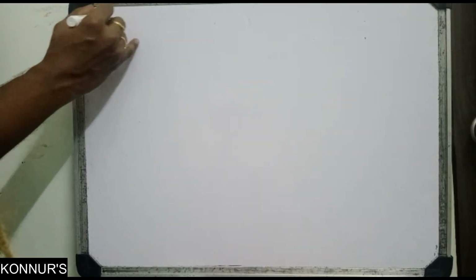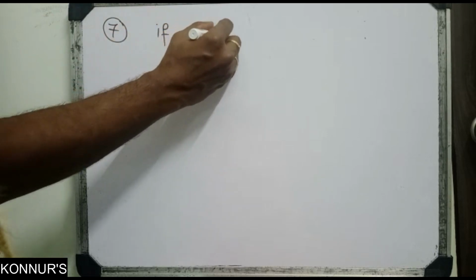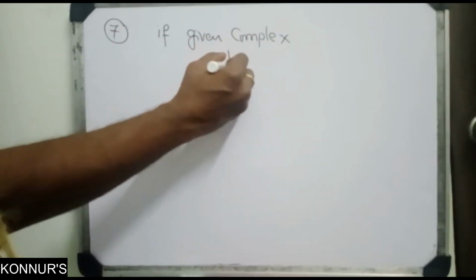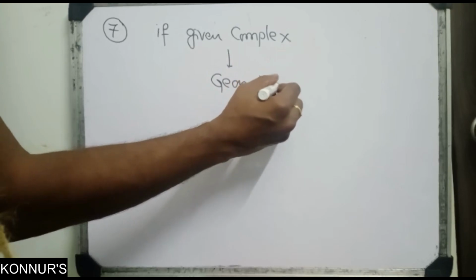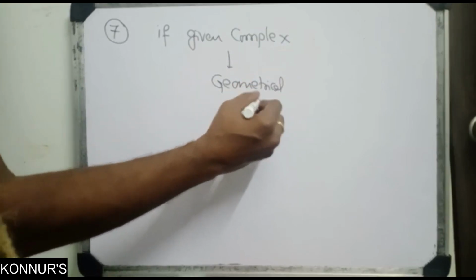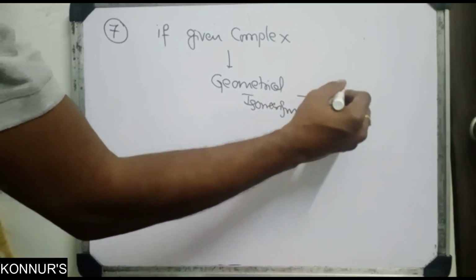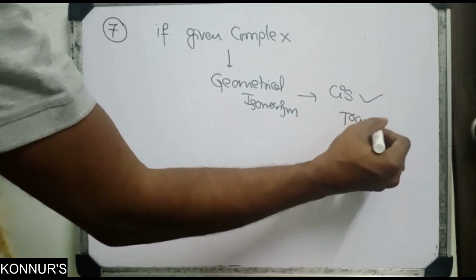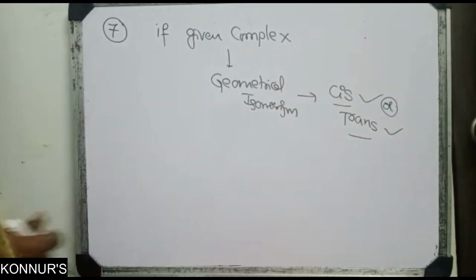See, if the given complex contains geometrical isomerism, before the name you must write either cis or trans. So which geometry is there? You find out that one and you mention cis and trans before its name.